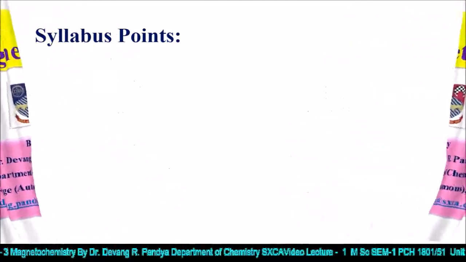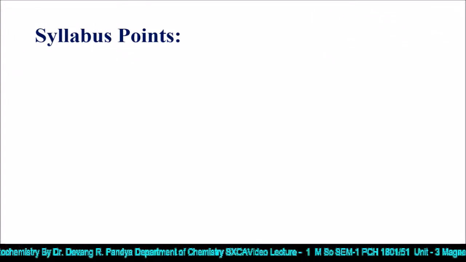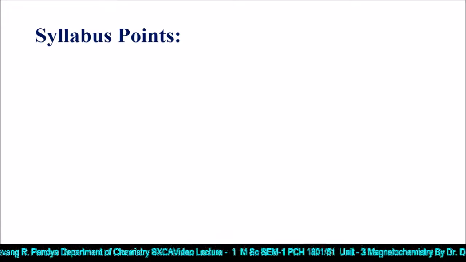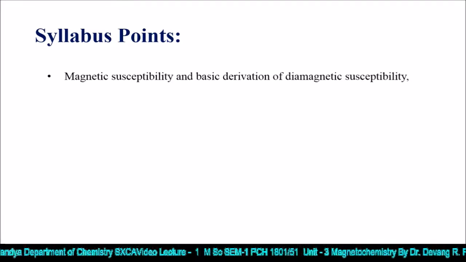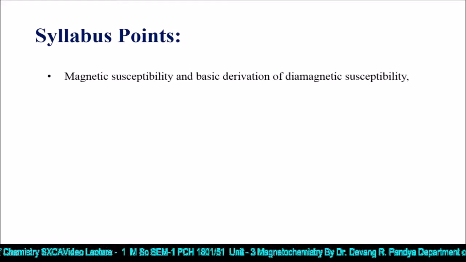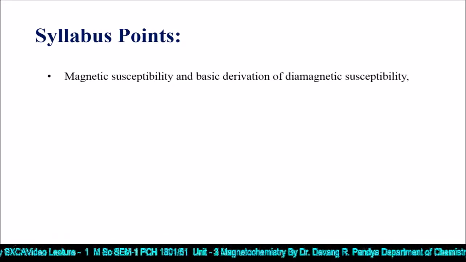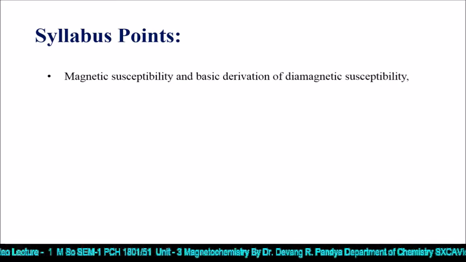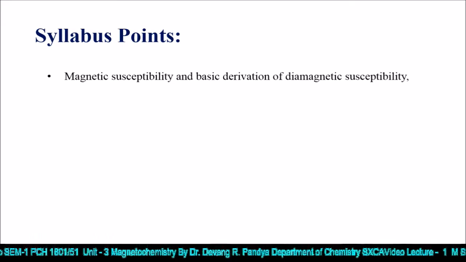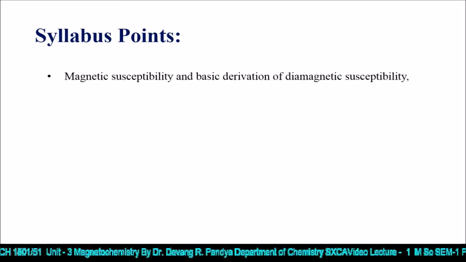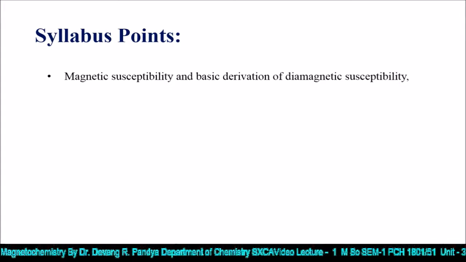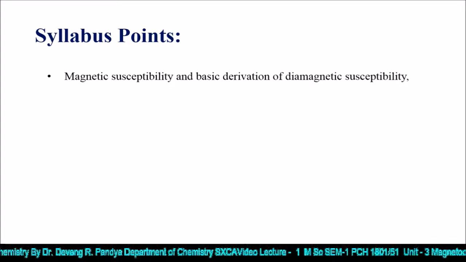These are the syllabus points, and out of these, some points we are going to discuss in today's lecture. Magnetic susceptibility and basic derivation of diamagnetic susceptibility. This is a direct point, but before that, we need to discuss different terms associated with magnetic properties or magnetochemistry.